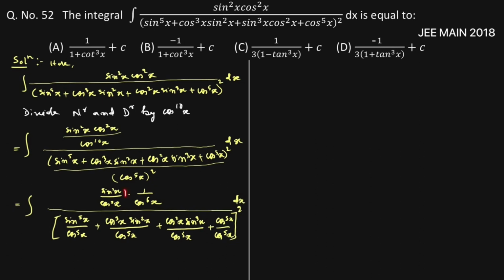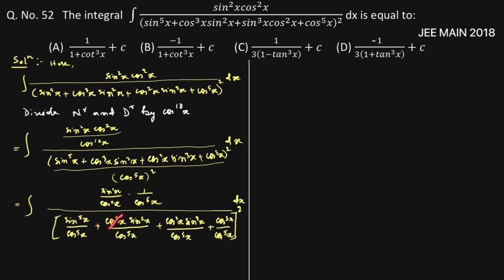After that we will get sin square x upon cos square x, that is tan square x, and 1 by cos to power 6x, which is equal to sec to power 6x, and in the denominator this term we will get tan to power 5x.